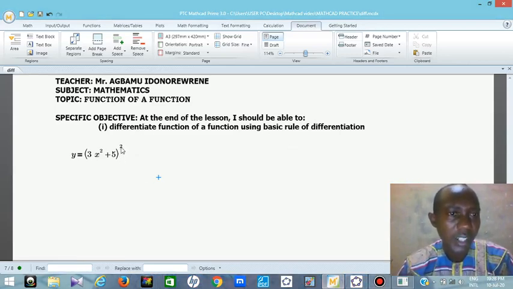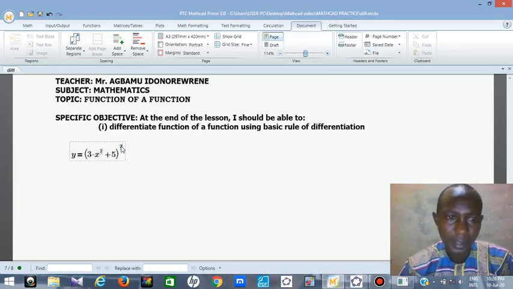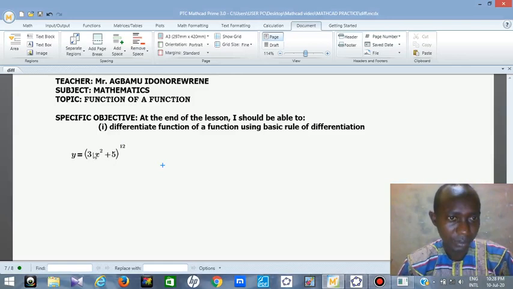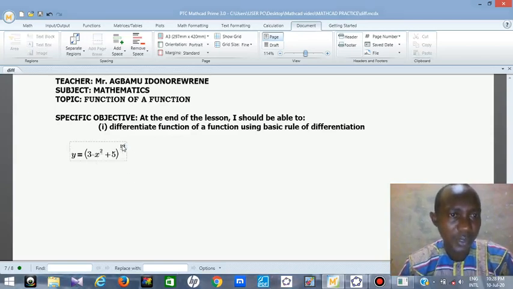But what if the power is increased to something like 12? In your binomial theorem, the expansion is going to be very long, and before you finish expanding and start differentiating, there's no time. So why not learn function of a function and get how to do it?